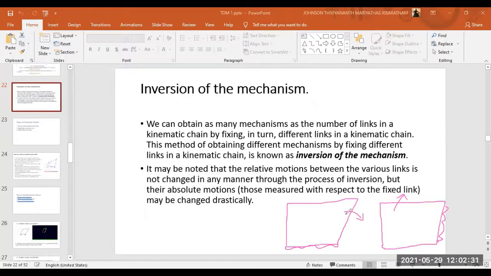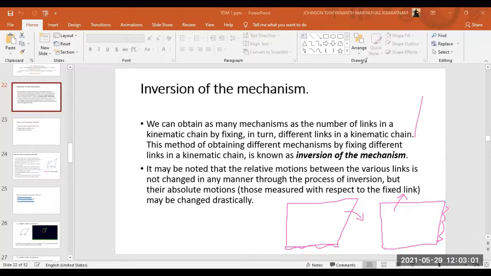Here it has some velocity, but here it's zero. So the absolute motions may change, but relative motions, there won't be any change. As a whole, the structure, the relative motions, there won't be any change. But these absolute motions, yes, there will be changes.